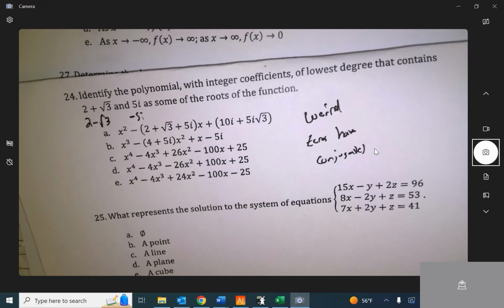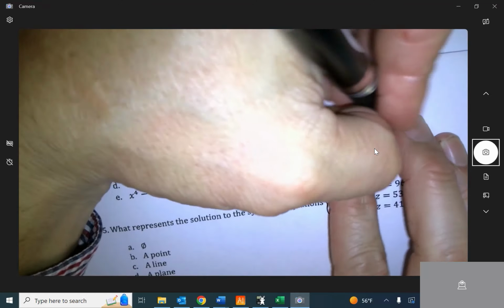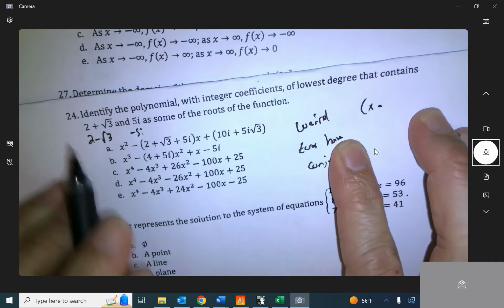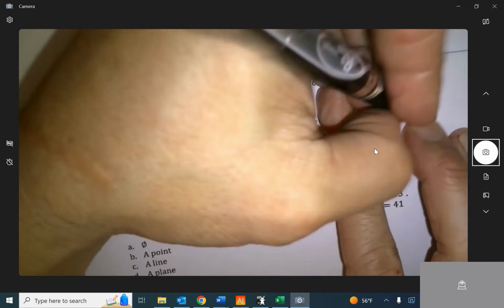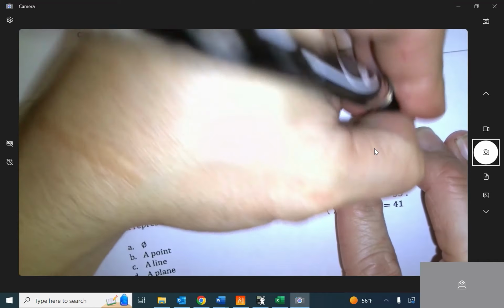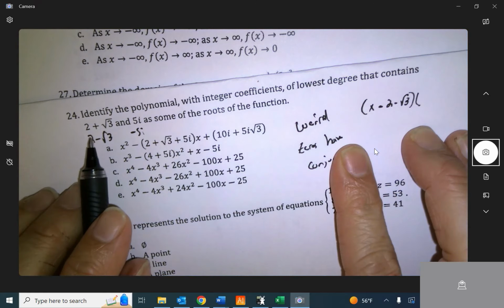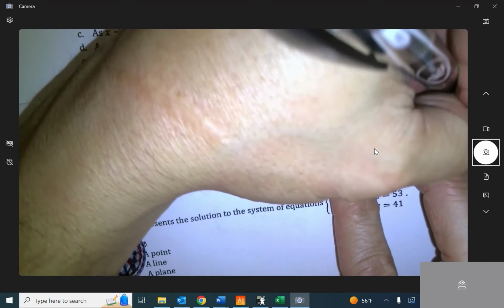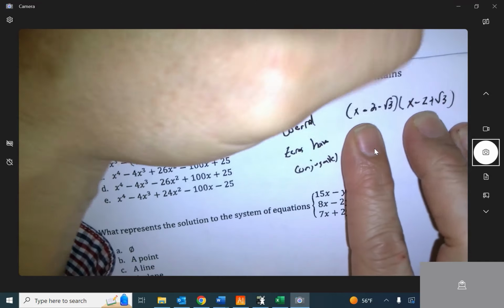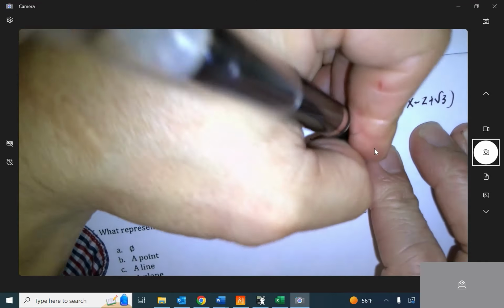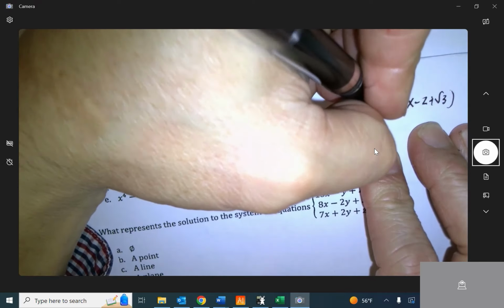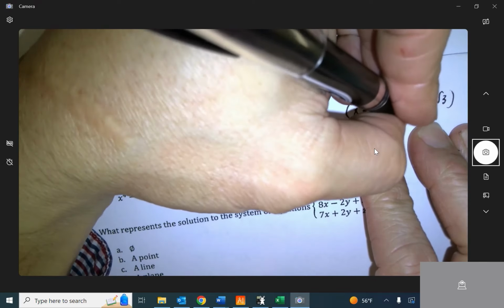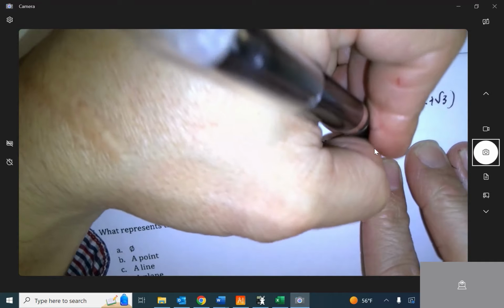So let's write out some factors here. One of our factors is x minus 2 minus root 3, and the other one is x minus 2 plus root 3. Now, we're going to figure out what this creates. That creates, obviously, x squared, minus 2x, another minus 2x, so there's minus 4x.